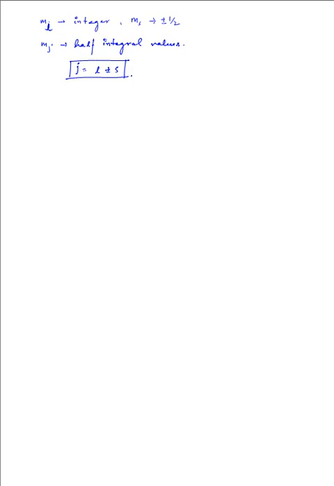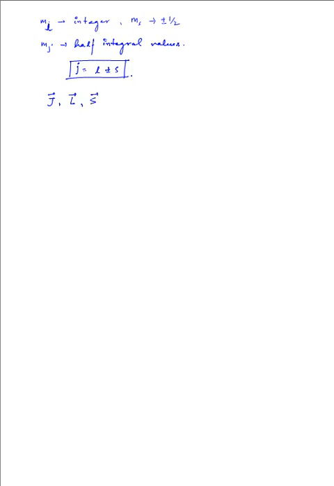And as we have already discussed, J will be a half integral. Now, since the total quantum number, the orbital quantum number and the spin quantum number are all quantized, they can have only specific relative orientations.